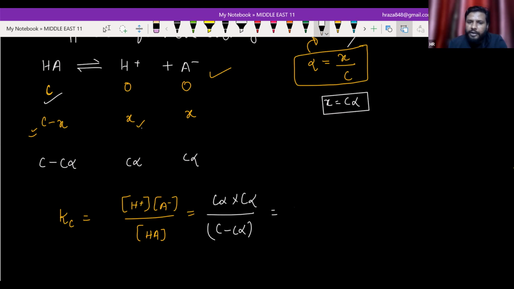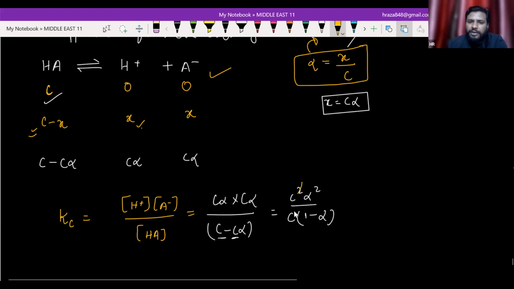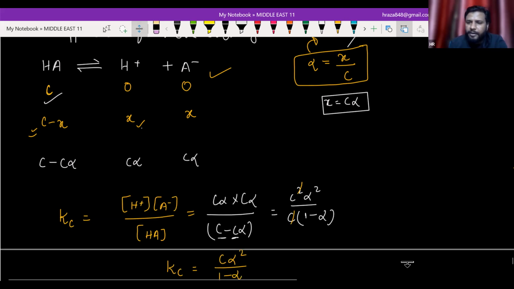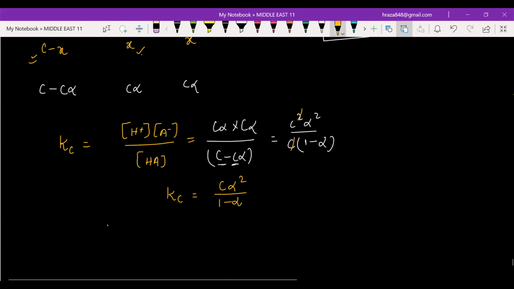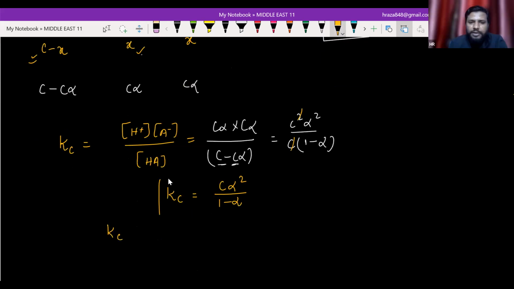Solving it, it will be C square alpha square upon C times 1 minus alpha. Taking C common, one C is cancelled. So Kc equals C alpha square upon 1 minus alpha. Is this correct? Yes, sir.